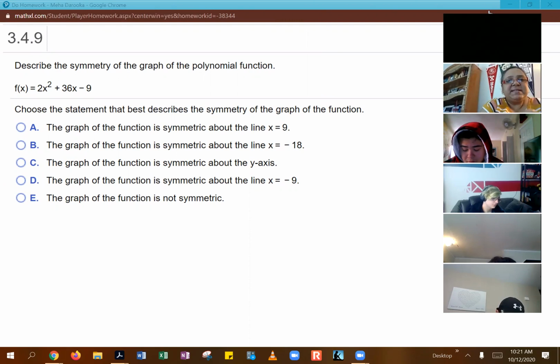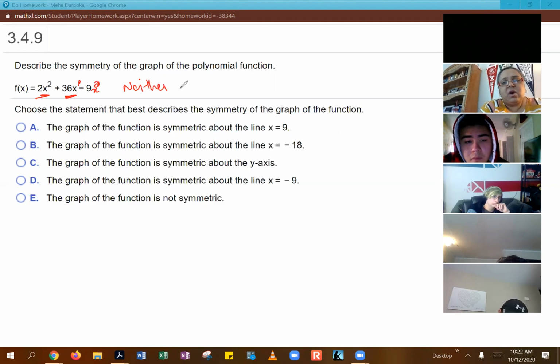Then you have 36x, which is an odd exponent because it has an exponent of 1. And then 9 is technically x to the 0 exponent. So this is a combination of even and odd exponents. So technically, this function is neither even nor odd.